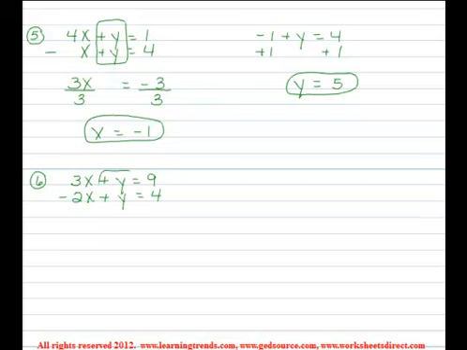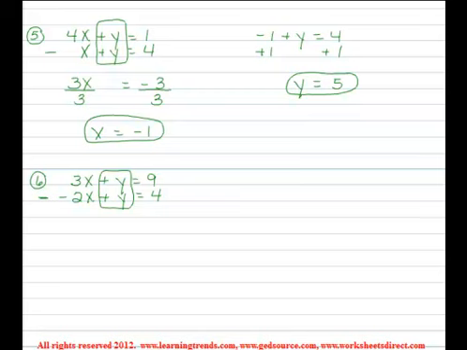Because we have a plus y and plus y, we want to subtract our equations. With our x's, we are subtracting a negative 2x. If you recall, that's actually adding, and that would make a plus 2x.